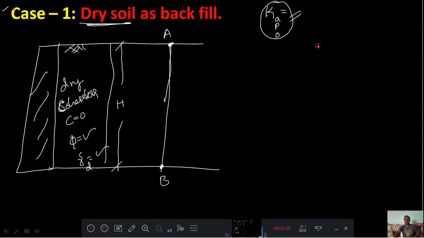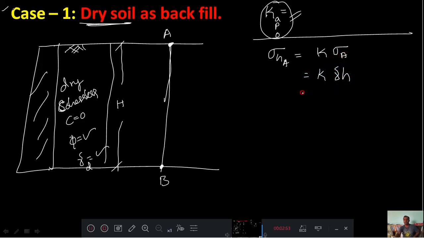At A, always calculate in this way: sigma h at A equals K into the vertical stress at A, usually gamma into h. Here, K into gamma dry into h; for point A, h is 0, therefore the horizontal stress at A will be 0.